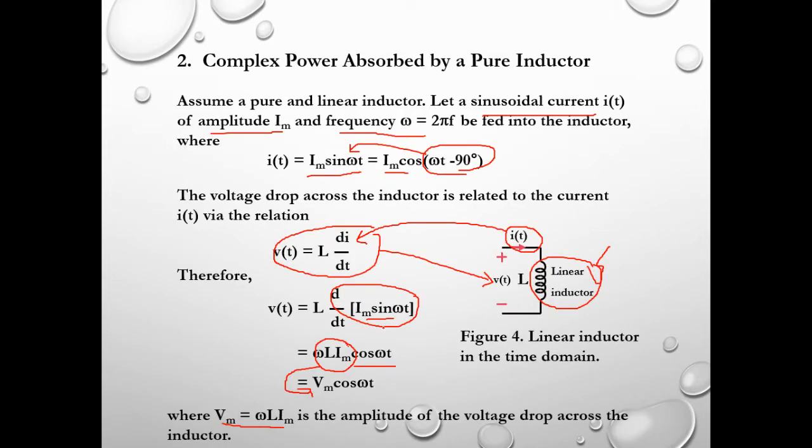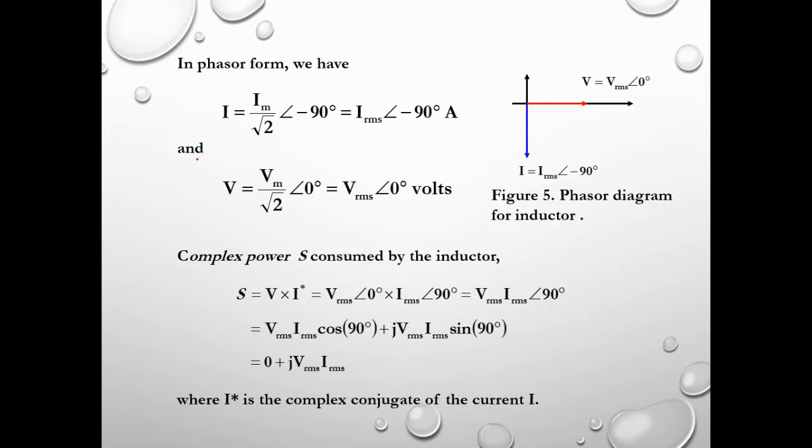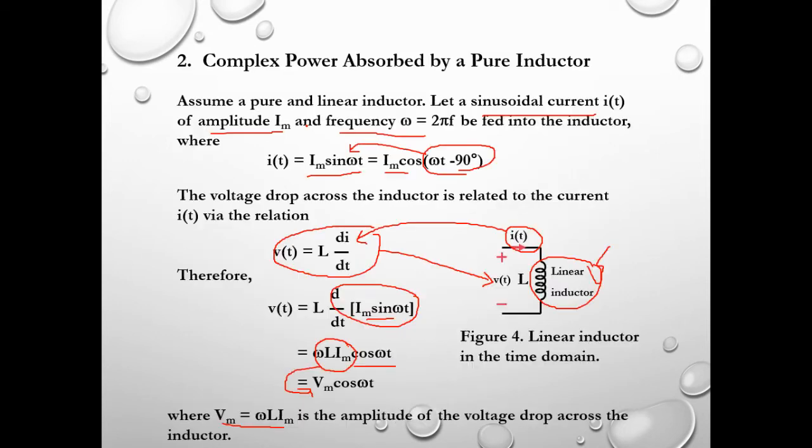We are done with the analysis of the voltage drop, and now we jump to the phasor form. For the current I, this is the RMS value: the peak current over square root 2, with an angle of minus 90 degrees, taken from this relationship.